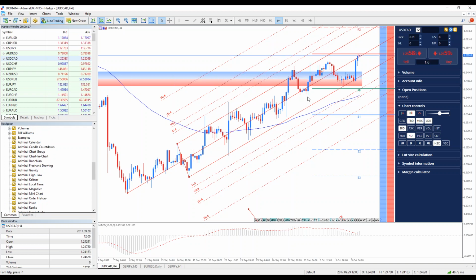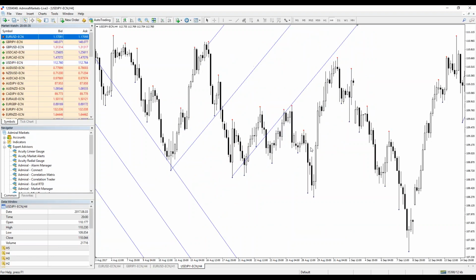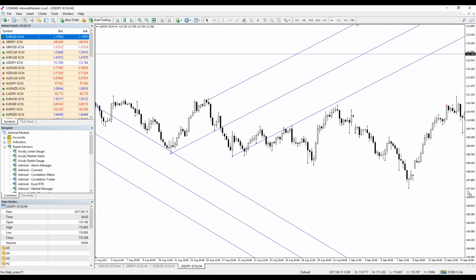But the thing is, you need to learn how to draw it. You need to get a feel for it, and then I think this will stack even more odds in your favor. For MT4, you don't have an indicator like this. Maybe there you can buy it somewhere, but I don't know.